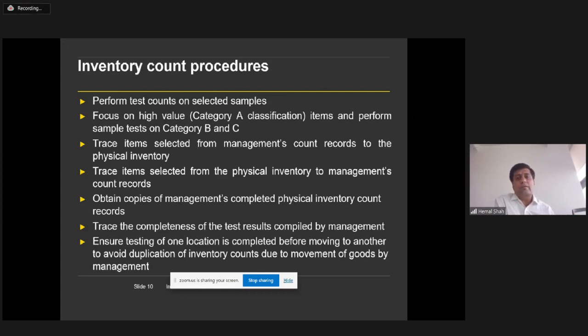Before doing physical verification, auditors should try to get the expected value of inventory. And if the expected value is not available, at least the value which was there 2 days prior or 1 day prior to the date of physical verification.